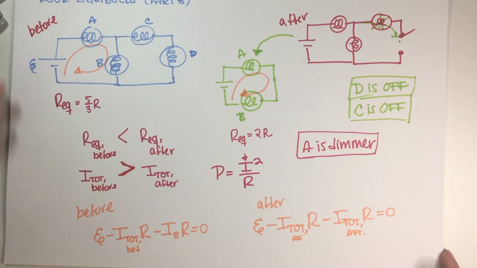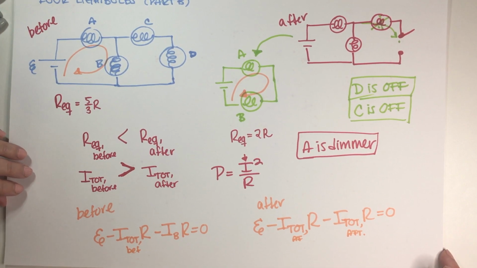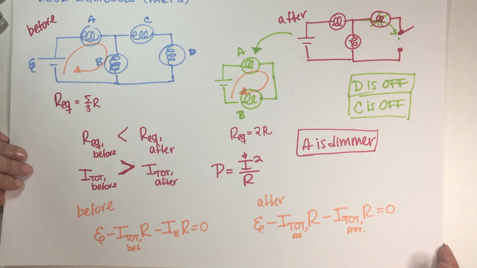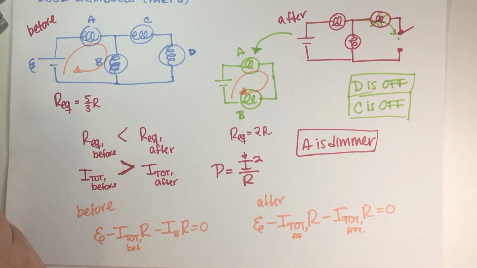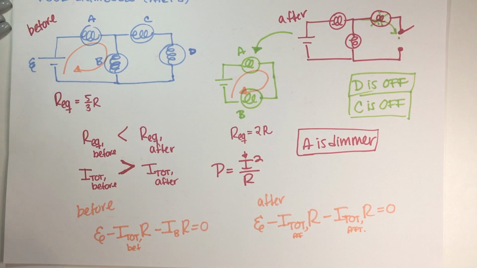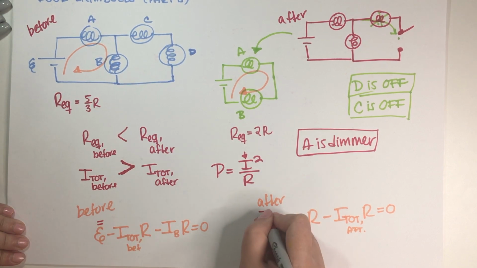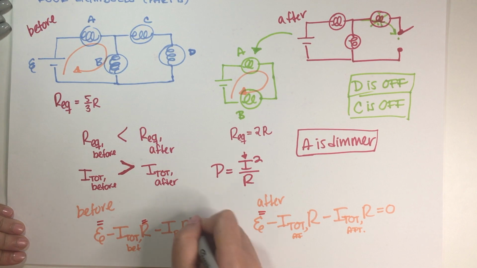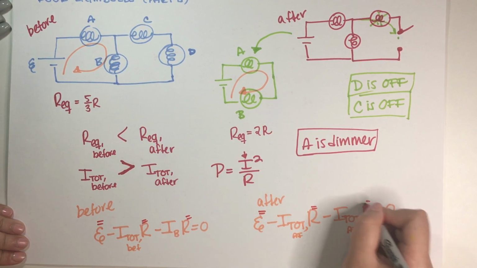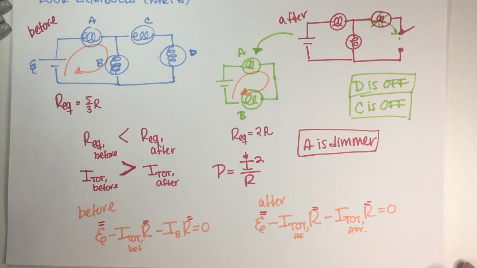But let's just go ahead and do this. So E is going to be exactly the same for both of these. So E doesn't matter. These R's are going to stay the same.